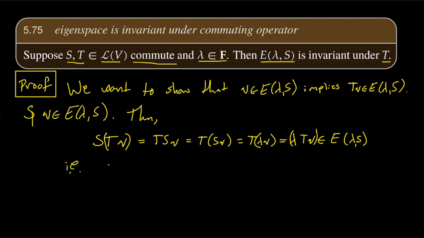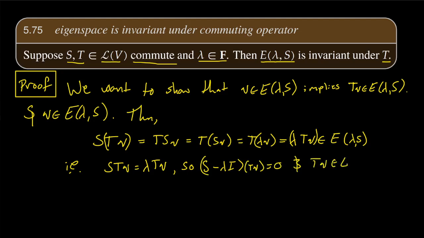I.e., if you want to say it this way, S minus lambda I of Tv is equal to 0, and Tv is in E lambda S. We're done. Okay, cool. Hopefully that makes it clear.